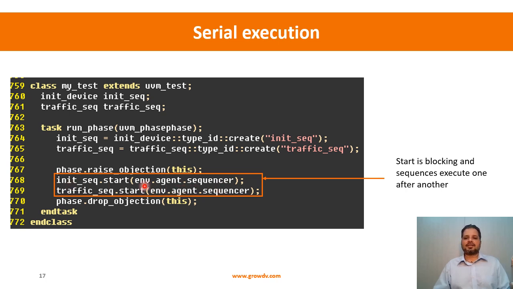After the initialization sequence is completed, we are starting the traffic sequence on the same sequencer, and then we are dropping the objection. Only after the init sequence has finished execution is it going to move to the traffic sequence. So this way it is executing serially, because start is a blocking task call.